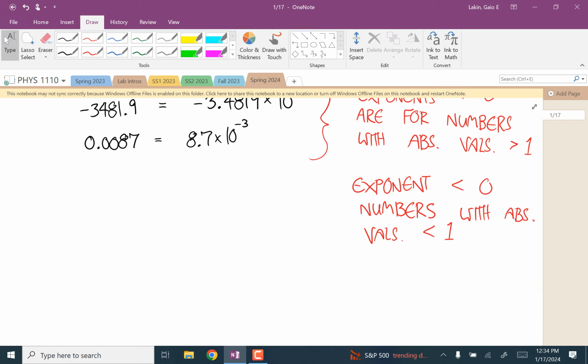So to use scientific notation, you kind of need two skills. You need to be able to go from a regular standard notation to scientific notation. That's one way. And then you also need to go from scientific notation back to standard notation.